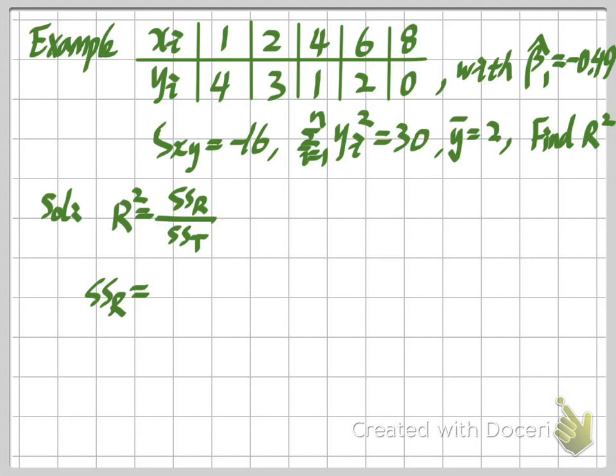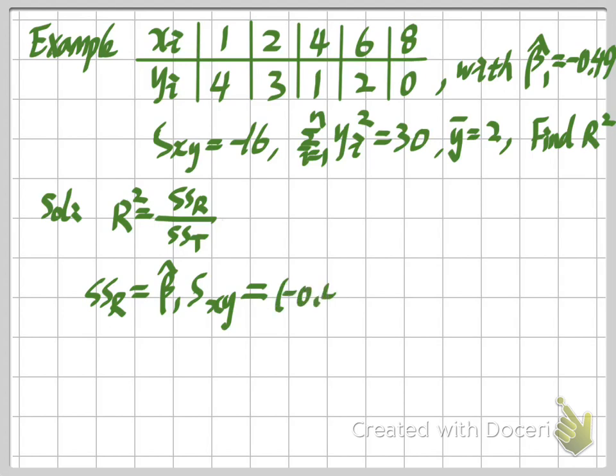In our previous video, we said we can use another formula: SSR is also equal to our estimator beta 1 hat times s sub xy.